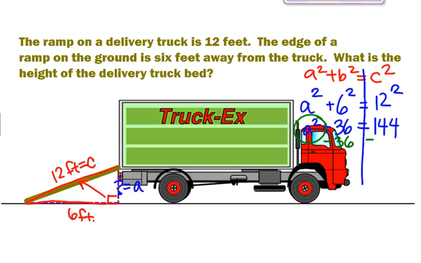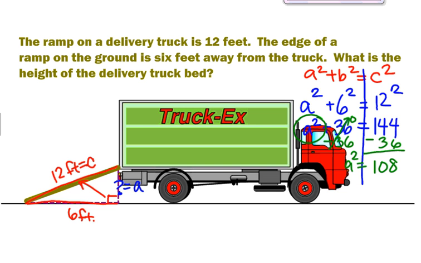I do that by subtracting 36 from both sides. This becomes a 0 pair, and now I am left with a squared equals, and I have to do some subtraction where I'm going to end up borrowing, and I'll find that I end up with a squared equals 108. But I'm not quite done.